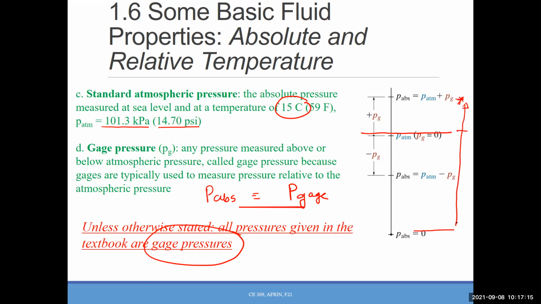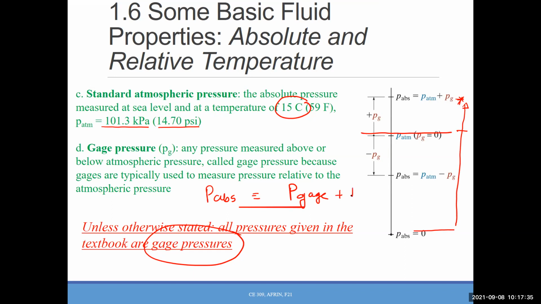Or what is the best way to connect absolute and gauge? Gauge pressure is what? It is measured from what point? What we are experiencing right now, which is the atmospheric pressure, exactly.